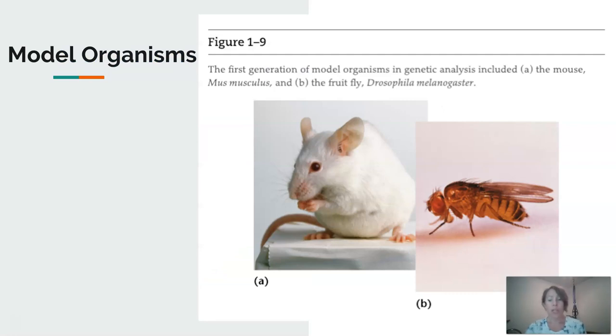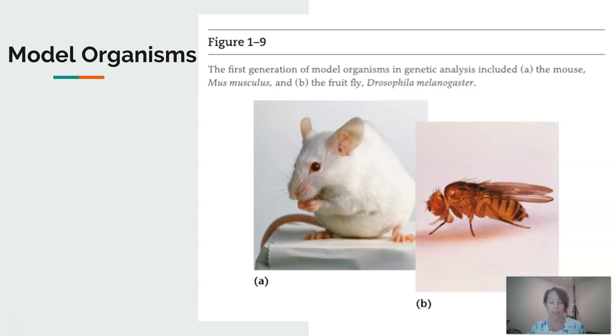Today, we have more technology. We have model organisms. So some of the common model organisms are mice and fruit flies. And the goal with a model organism is to have an organism that you can easily control. So they need to be easy to rear, so easy to feed and keep alive.